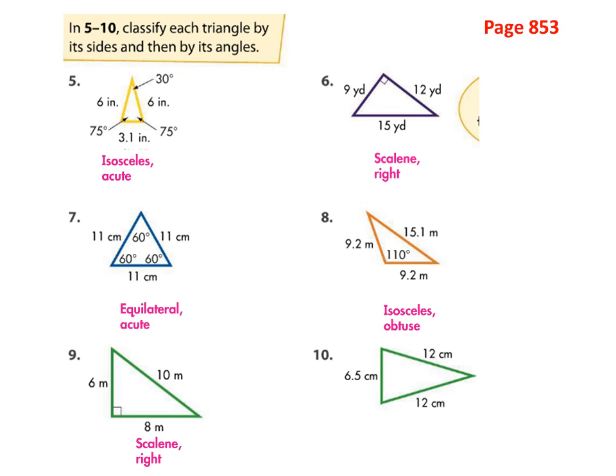Question 10. Take a look at how many sides are the same. Only two sides. So this is an isosceles triangle. And look at the angles. Are there any right angles?